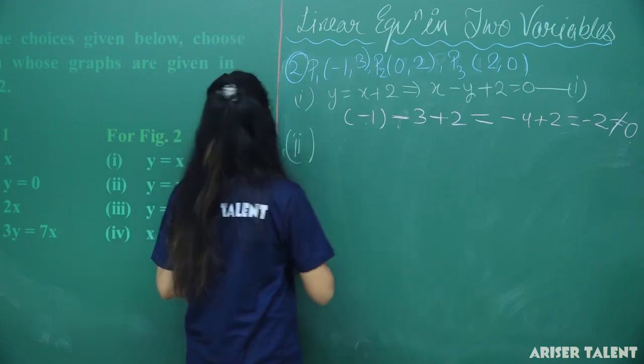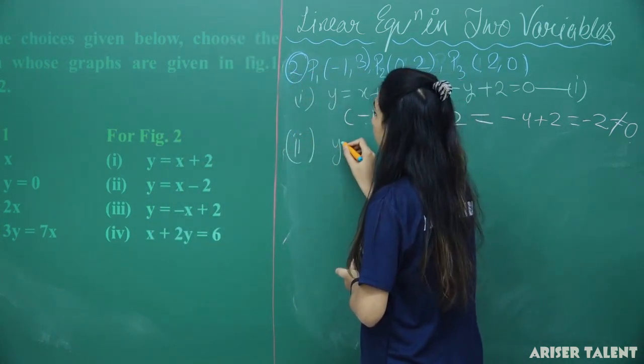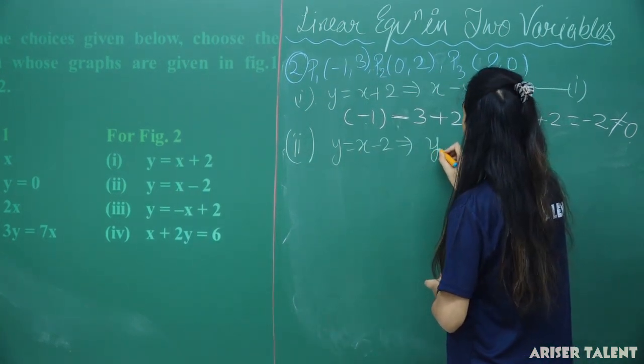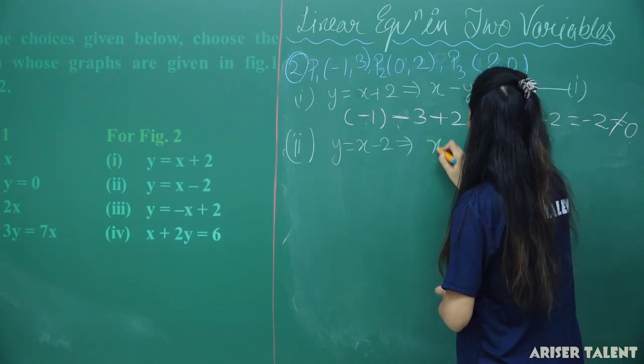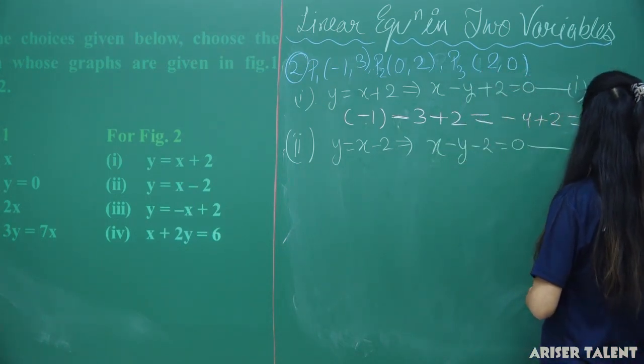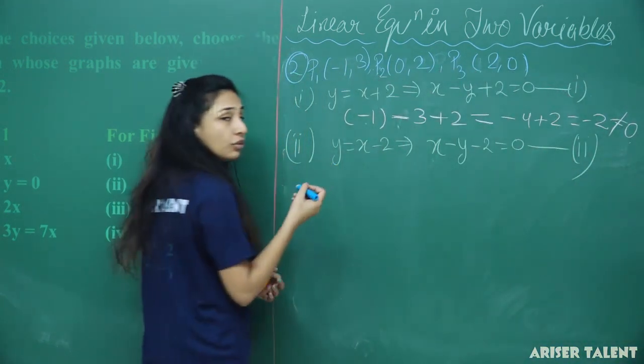Okay, so the second number, you are having this equation y equals to x minus 2, and that will be converted into x minus y minus 2 equals to 0, and we will name it equation second. Okay, now put the values of x and y here.